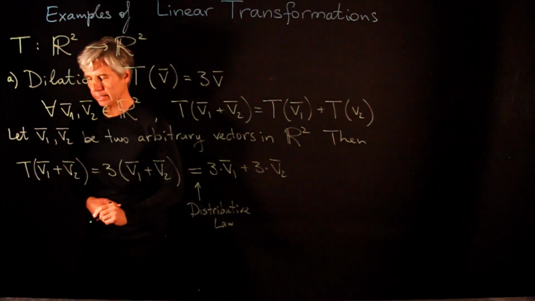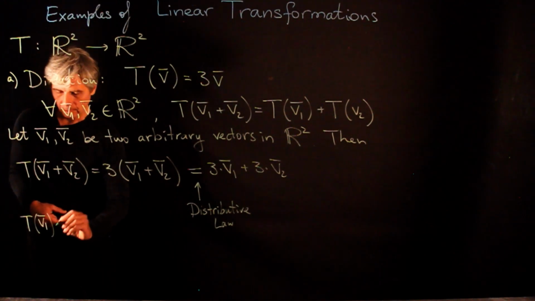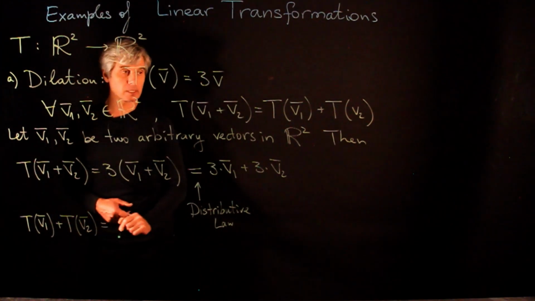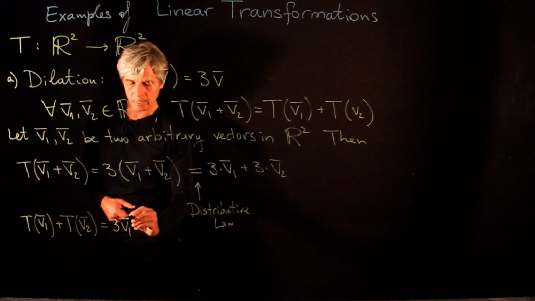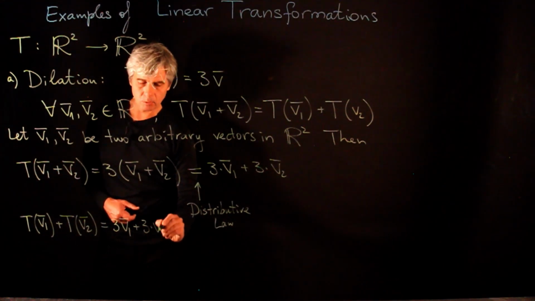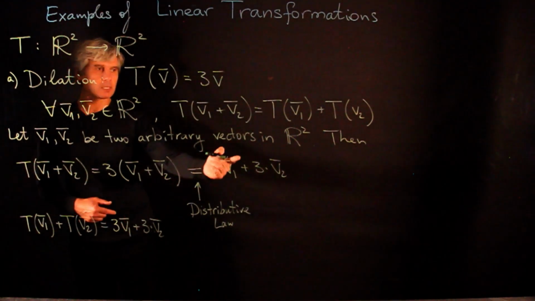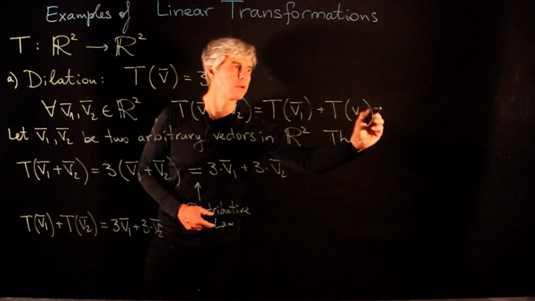And the right-hand side, T of V1 plus T of V2, is by definition equal to 3 times V1 plus 3 times V2. And we see that the left-hand side is equal to the right-hand side. So the first property holds.